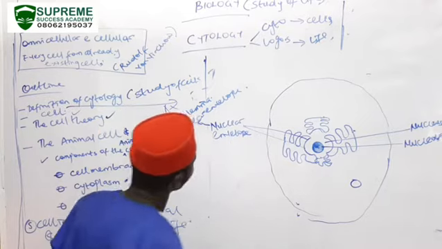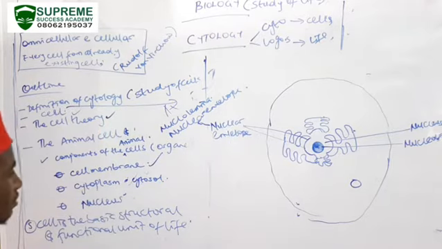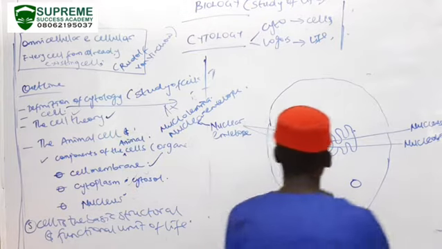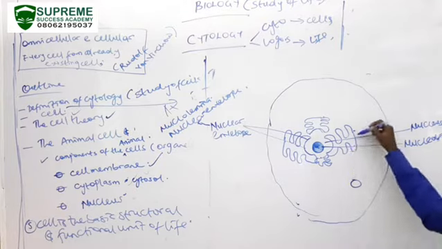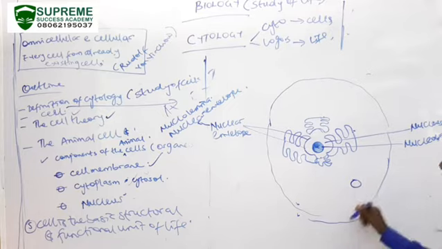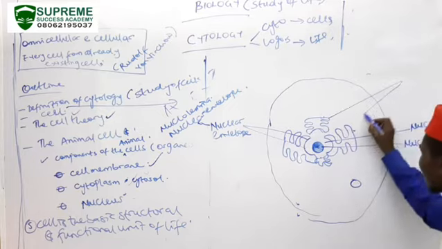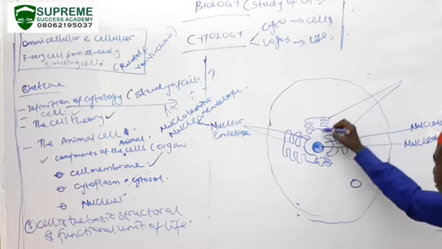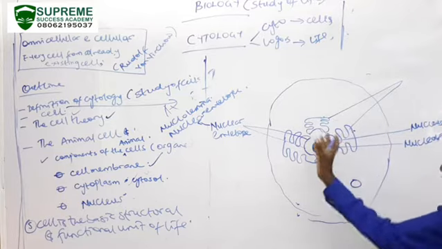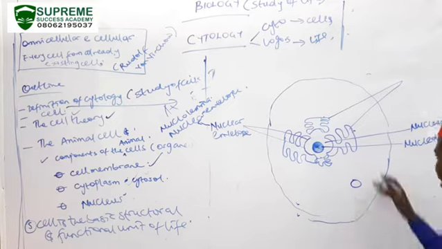So the nuclear membrane has an extension. This extension around the nucleus is called the endoplasmic reticulum. It looks more like a finger-like structure around the nuclear envelope.